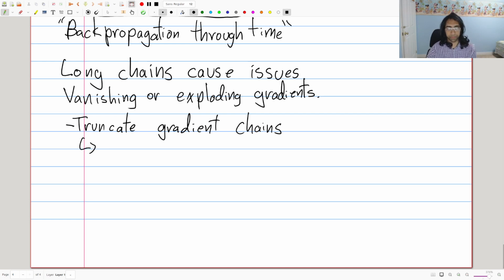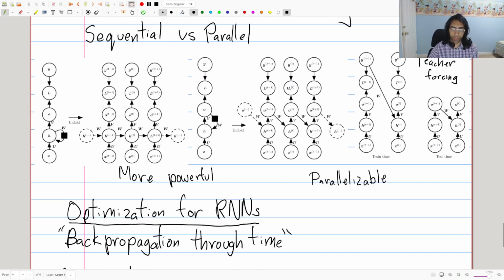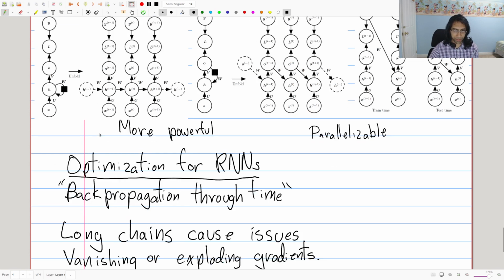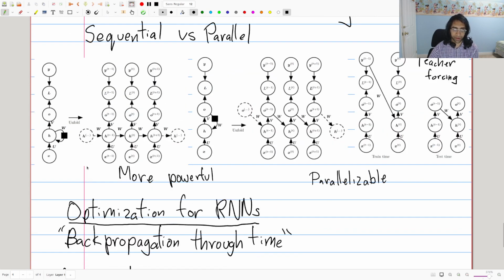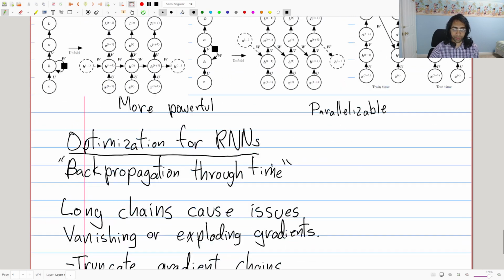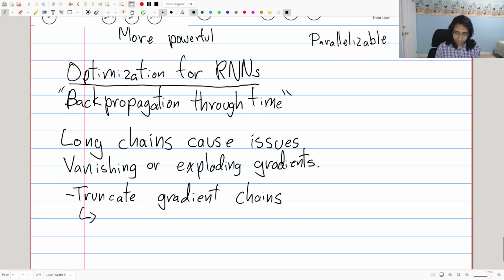Well, when you're doing backpropagation, perhaps instead of going all the way from the end of time to the beginning of time in these gradient computations, instead what you can do is just do the gradient computation, and then after, say, 10 steps or 15 steps or something like that, you just stop, and whatever you have there, that's enough for your gradient. And you do that for each path.